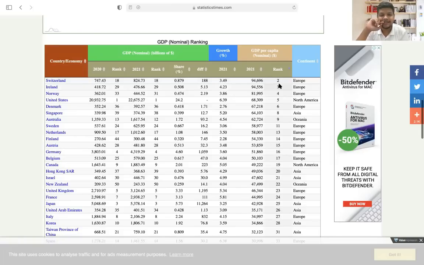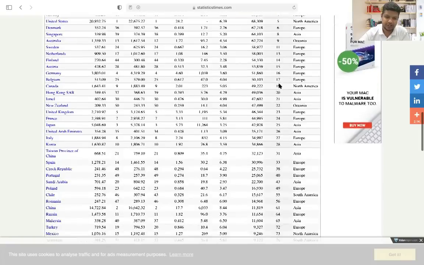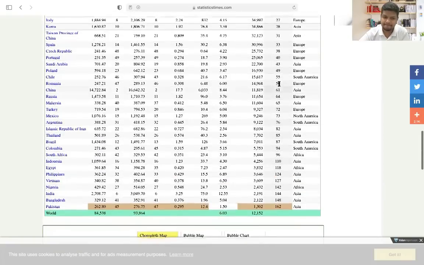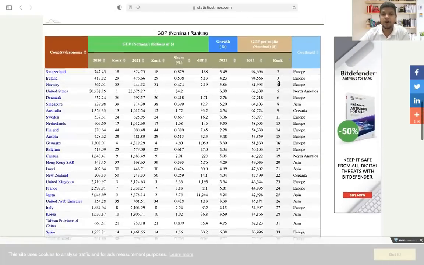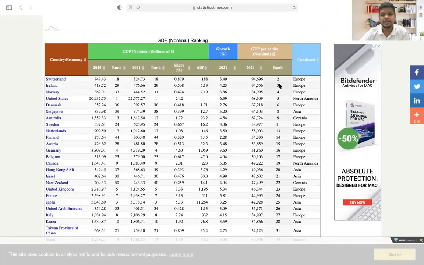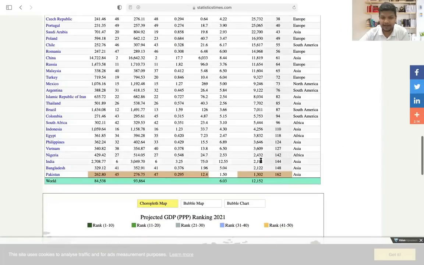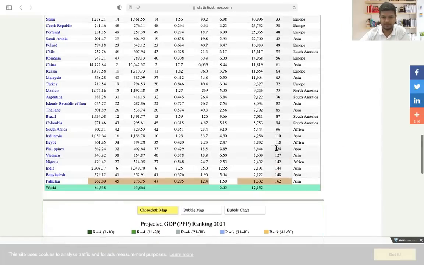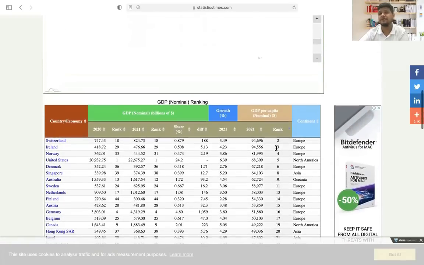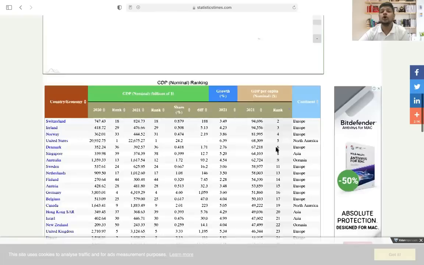Whatever country is rank 1 is not there in the list. Do you know why? No. Because in GDP per capita, India, Pakistan and Bangladesh are at the very bottom, because we have a high population and low total GDP.